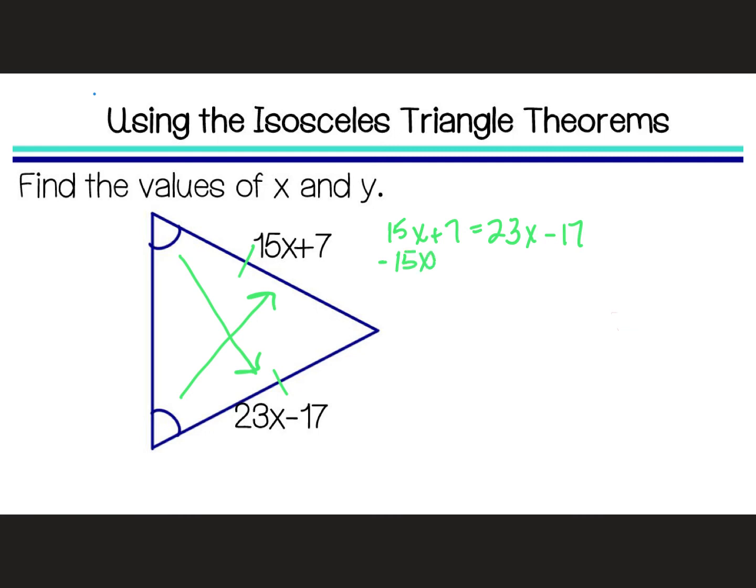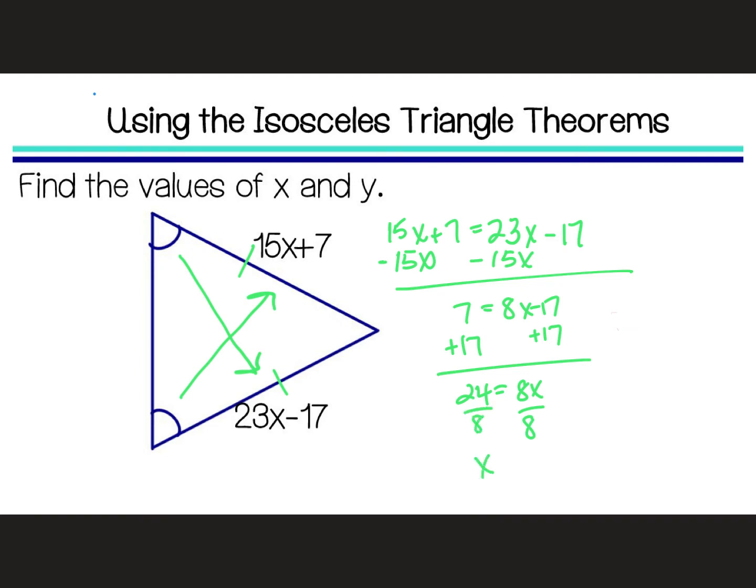This is just a multi-step equation. I'm going to subtract 15x from both sides, giving me 7 equals 8x minus 17. Then I'll add 17, giving me 24 equals 8x. Divide by 8, and we get that x is 3.